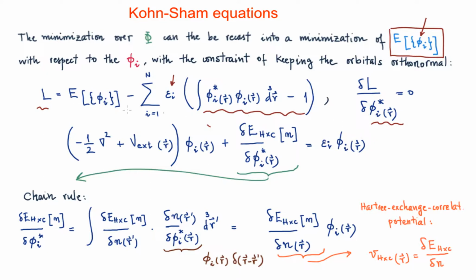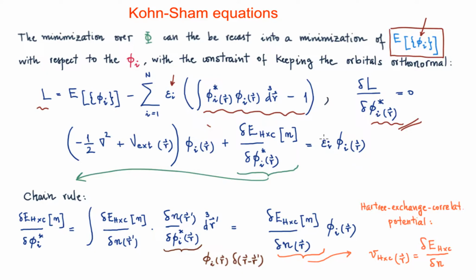Okay, this is the result of making zero, because we are looking for the minimum, making zero the functional derivative of L with respect to Ci complex conjugate. So this is going to be the equation that the Ci has to satisfy. So this is the equation that we are going to need to solve in order to find the Ci and the epsilon i.